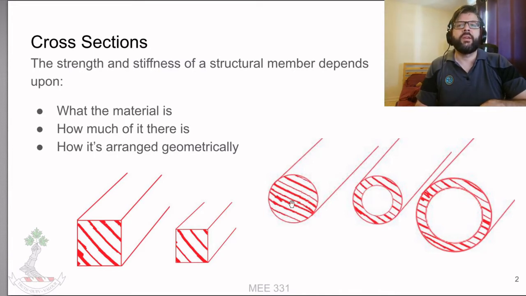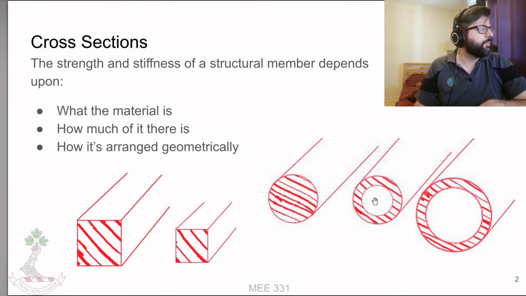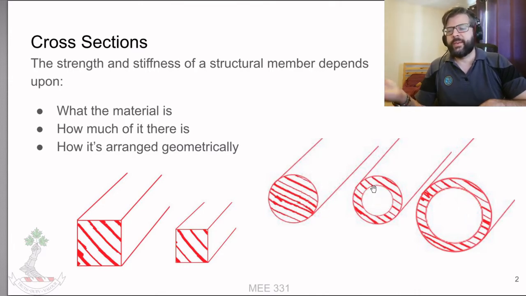Something like this: I've got a rod versus a pipe. The rod will be stronger. The rod will be better able to withstand twisting or bending than this pipe here, because there's more of it, since we didn't cut a hole down the middle. That having been said, if we have this wider but narrower pipe here, it might even have a smaller cross-sectional area than the rod does.